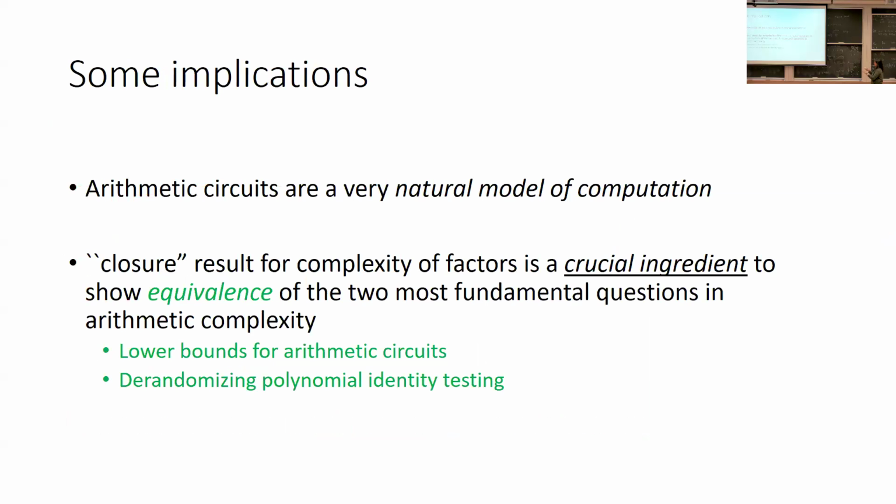Okay, so some consequences of Kaltofen's results. One is it shows that you can do a lot of nice algebra with arithmetic circuits. They're a very nice natural model of computation.